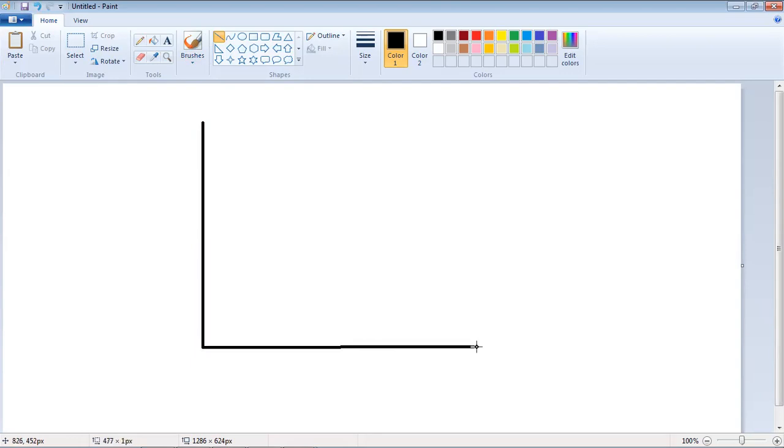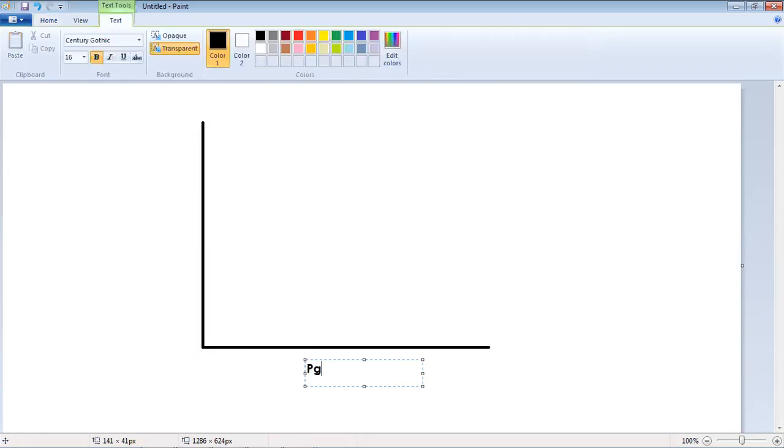I am drawing a frame of reference of a graph, x-axis and y-axis. In the x-axis, we shall put the plasma glucose.